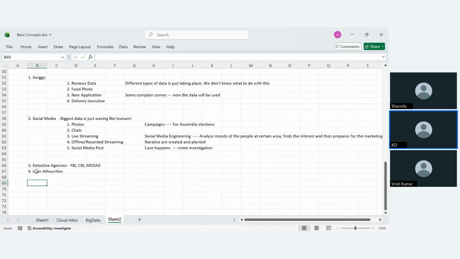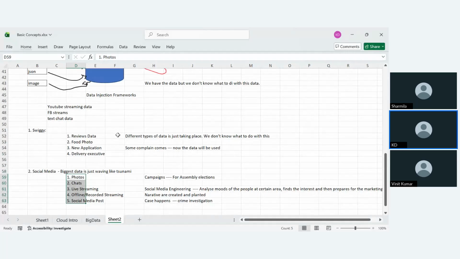Suppose you have taken a loan from a company and you are not paying it off, but you are roaming around the world on a world tour and purchasing high-end, expensive items. These authorities are also using this data. So this data is already loaded somewhere.